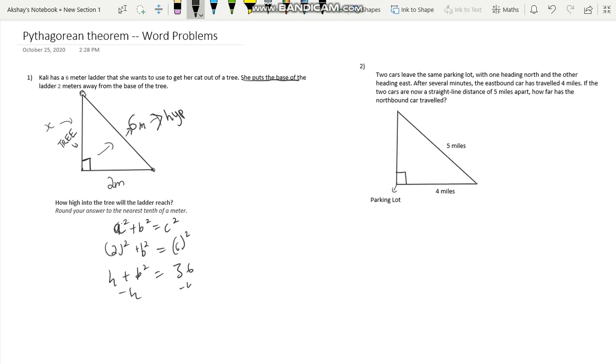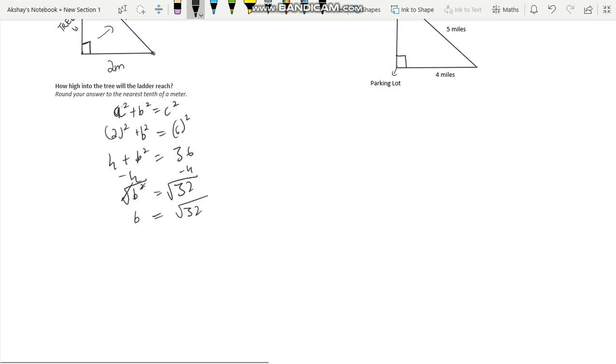Minus 4, minus 4. Trying to isolate our b squared, it is equal to 32. We know b squared, but we want to find b, so we have to square root both sides. My square root and my square cancel out, and I'm left with b is equal to the square root of 32. Now we must simplify this.